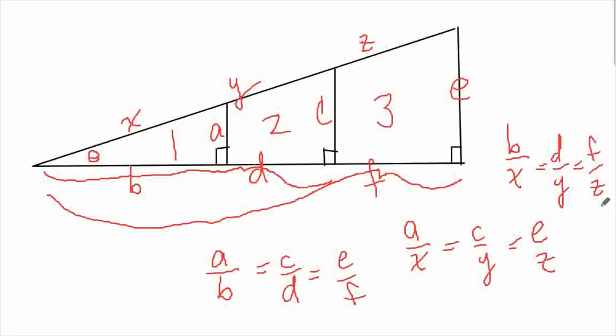So in a sense, it really doesn't matter which right triangle you use for an angle. The only thing that matters is they all have the same angle. All right. Now, if you were to change the size of the angle, then these ratios would change.